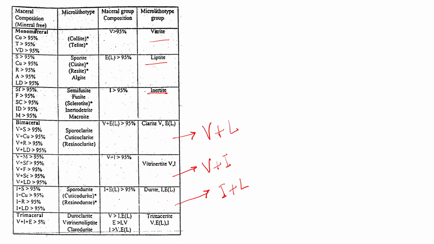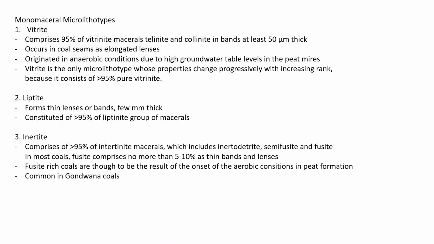So in the trimaceral, all the three maceral groups should be present in a concentration of at least more than 5%. So the monomaceral microlithotype vitrite comprises 95% of vitrinite macerals, telinite, and collinite, and in the bands at least 50 microns thick.